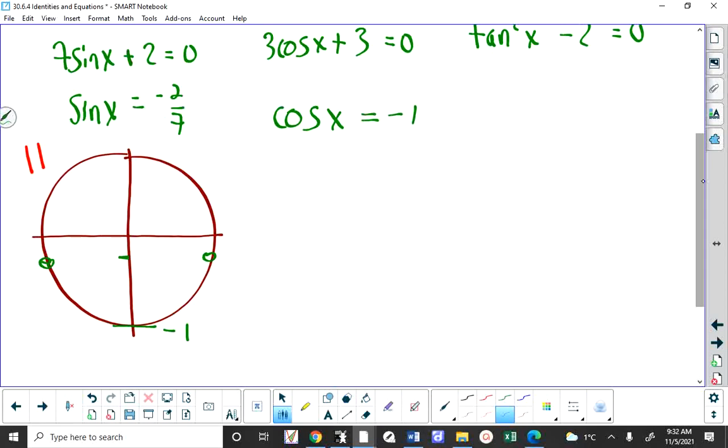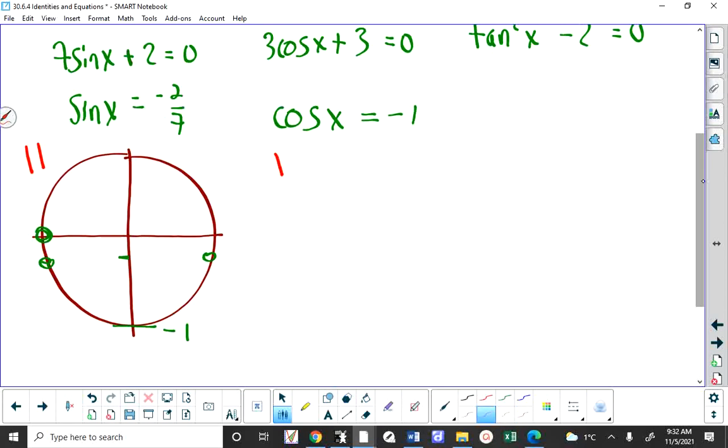And using our knowledge of the unit circle, there's only one place where that's going to happen, which is over here. So the reason why this does not have two solutions is there's not two different places on the unit circle that have an x-coordinate of -1. And I'm focusing on the x-coordinate because it's cosine, not because there's an x in the question. So we can add one more to our tally.